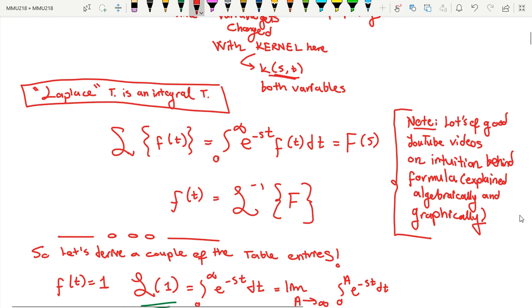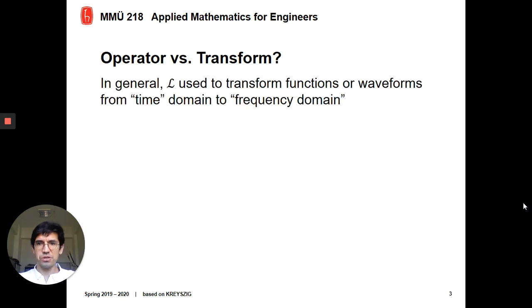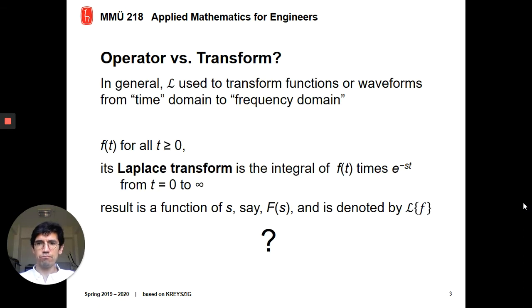So let me put that parentheses here, and let's move back to our slide. So let's say I'm trying to transform a function or a waveform that you will be seeing in some control classes or vibration courses, from time domain to frequency domain.